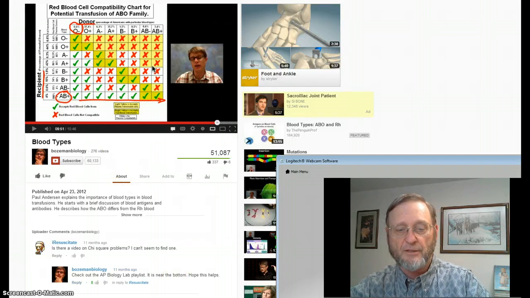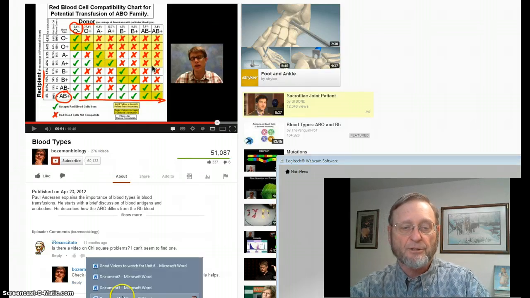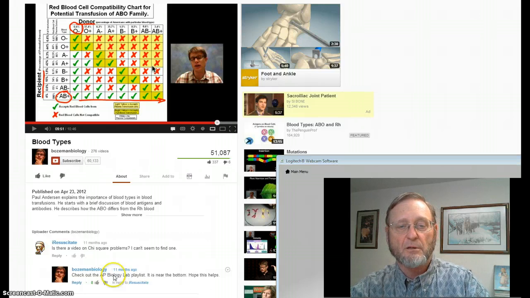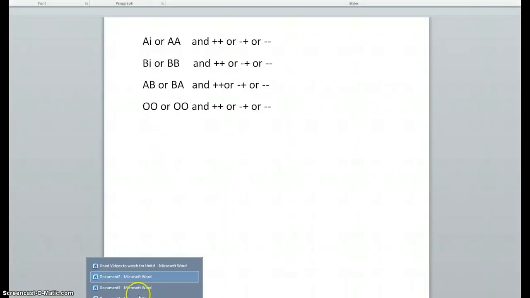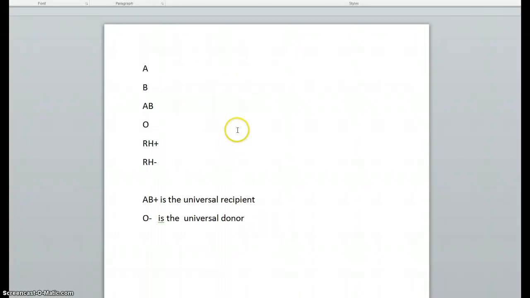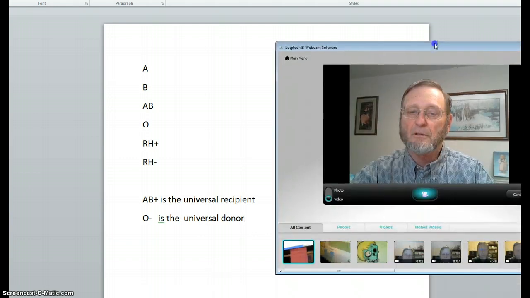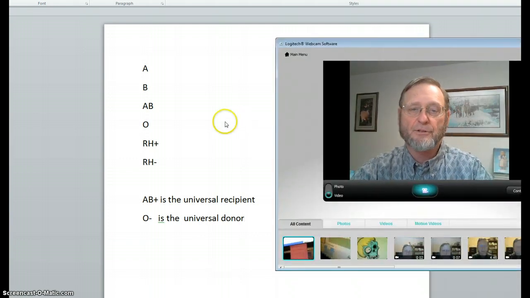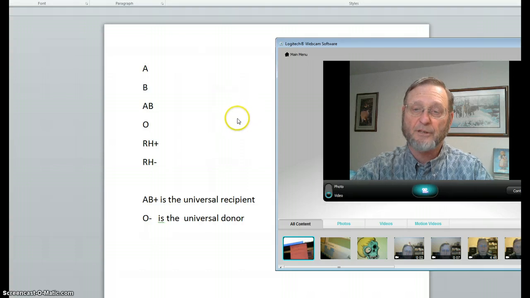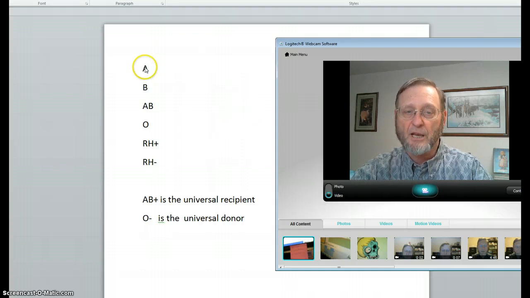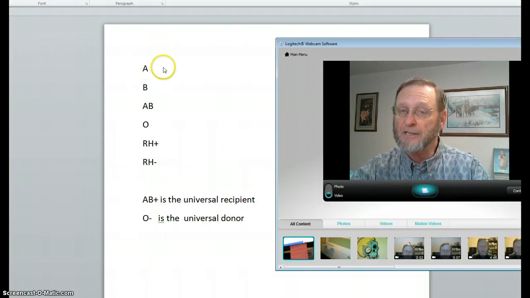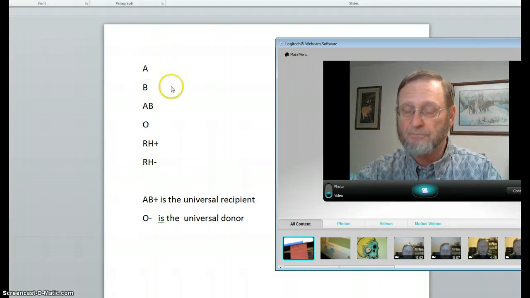Okay, so understand that. What we're going to do is talk about, not that, this one. Okay, we're going to talk about the types of blood that we have, and there's actually the possibility of 8 blood types. You can have A, which means you have an A antigen on your red blood cells, and antibodies against B antigens.